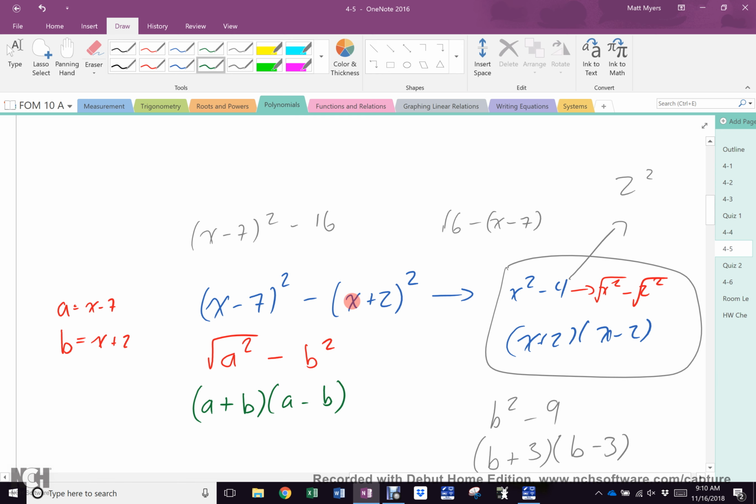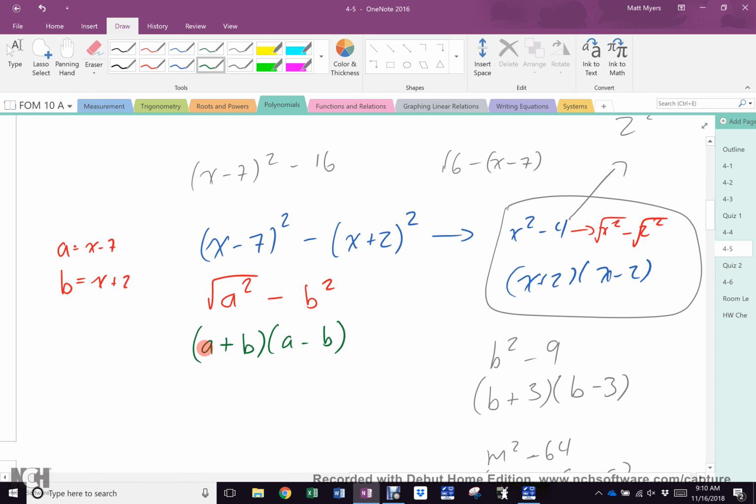Were there any A's and B's up in the original equation? No, so I have to go back to what the original equation looks like. A is x minus 7, isn't it? Okay, so A is x minus 7. Plus, what's B? X plus 2. Agreed? That's this first bracket. Everybody cool?